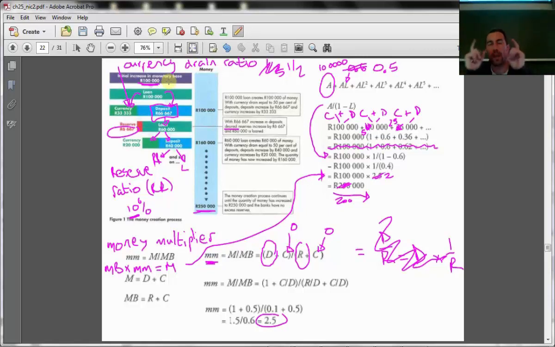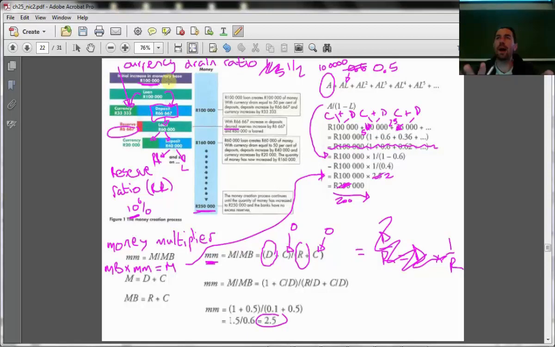So when currency drain is 0, D in this equation is 1, which is why the money multiplier is 1 over R. Then 1 over R times the new deposits. I was reading D wrong in that equation here, which is why I messed that calculation up.